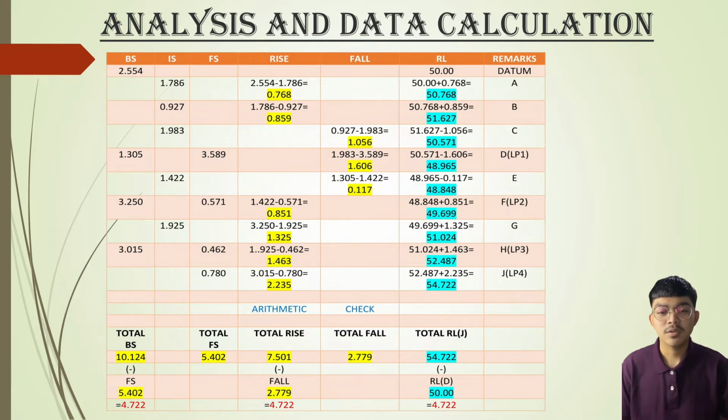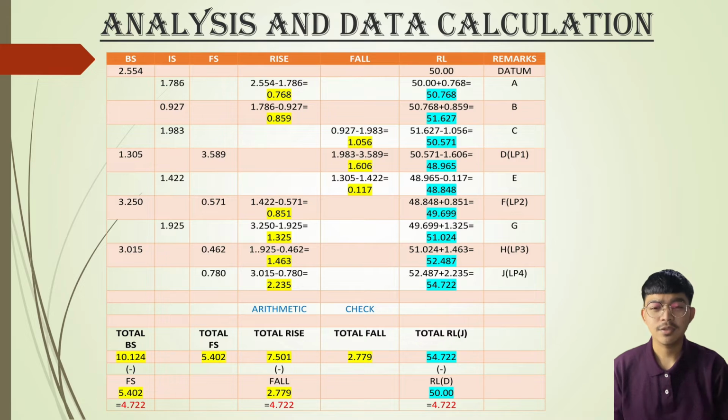01DKA21F1102. So today I will show you about analysis and data calculation. In the table below, you can see BS is backsight, IS intermediate sight, FS foresight, rise, fall, reduced level, and remarks.